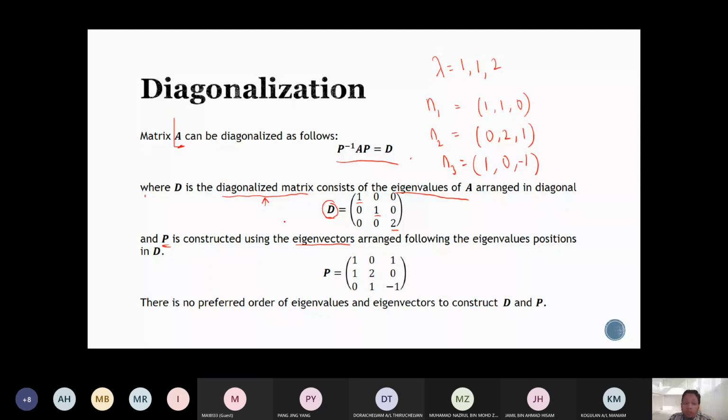So to find matrix P, you just rearrange these three eigenvectors into the columns of matrix P.